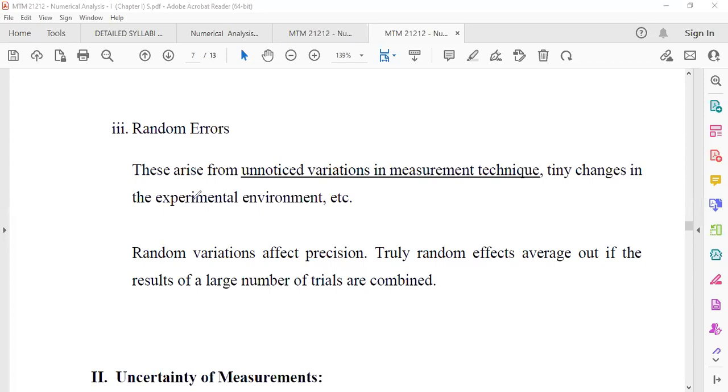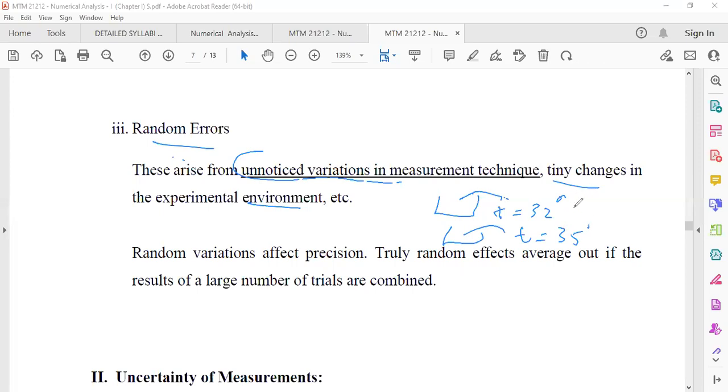Under random error, these arise from unnoticed variation in measurement techniques and tiny changes in the experimental environment. For example, one group is doing the experiment in good weather, let's say the temperature is 32 degrees, and another group doing the same experiment at 35 degrees.